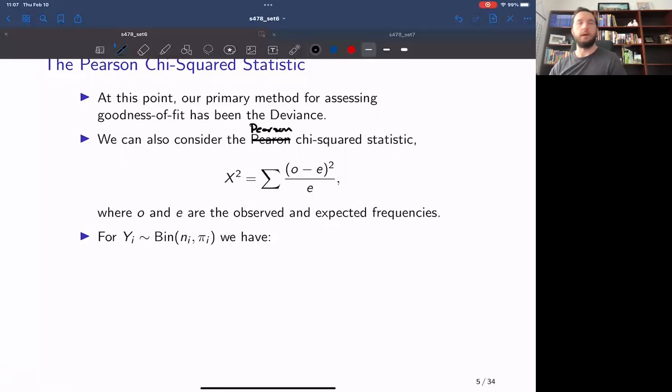In the case that we have a binomially distributed random variable, we can write the chi-square test statistic as follows.